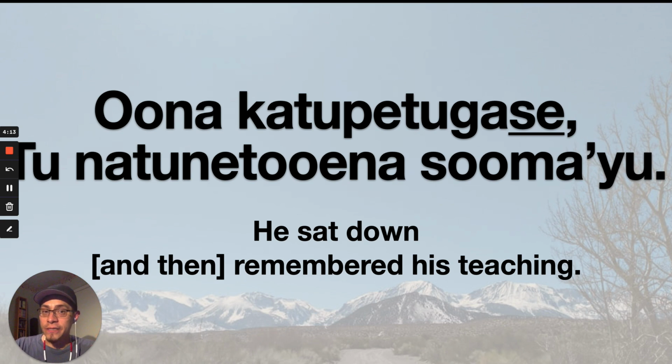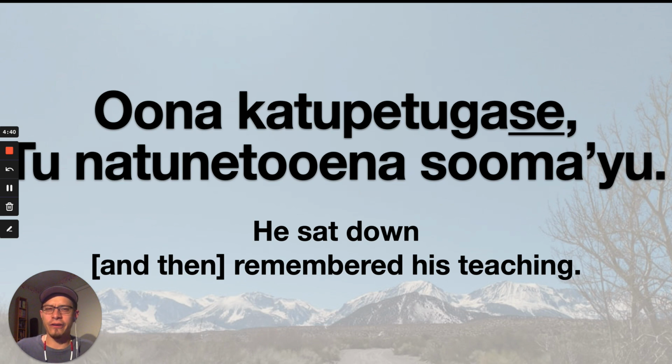Una katupitugasi, una or tunatunituina sumai. It says he sat down and remembered his teaching. In this case, you could translate it as after he sat down, he then remembered his teaching, or having sat down, he remembered his teaching.